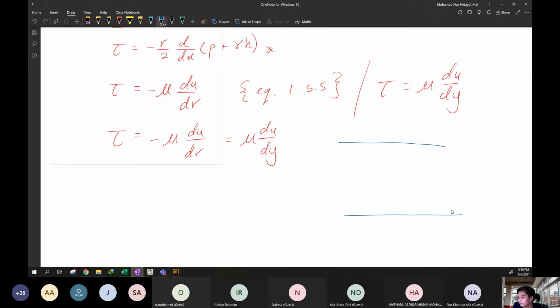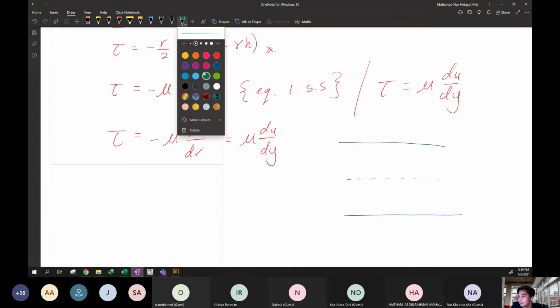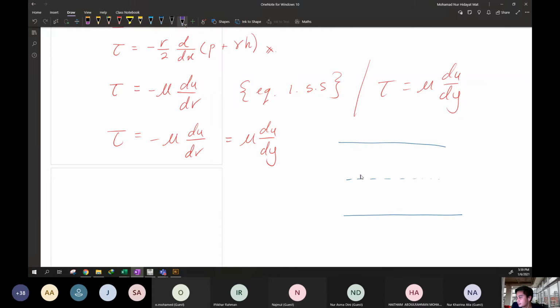This is the pipe. Okay, this is the center of the pipe. And this is the R. We call it R naught. Okay, R from the wall.